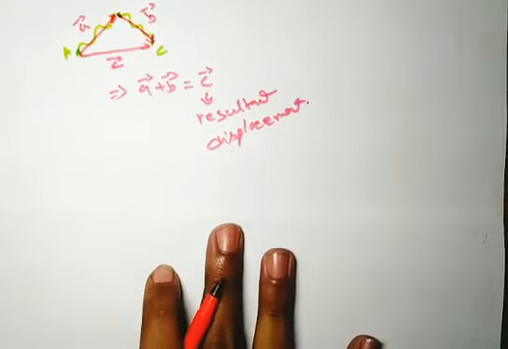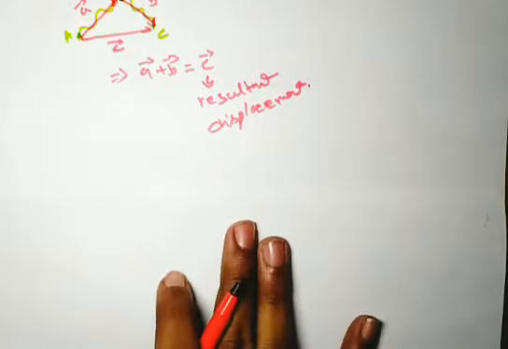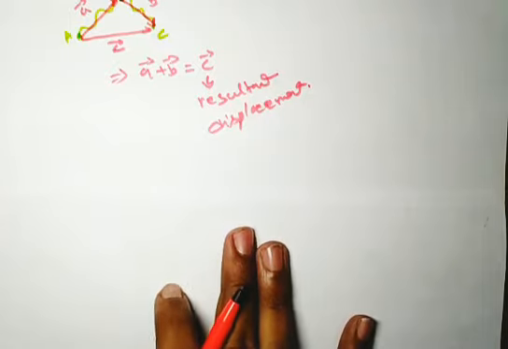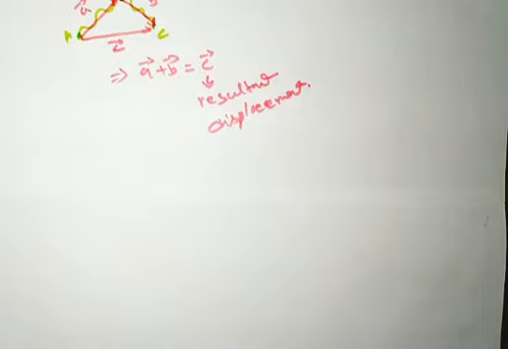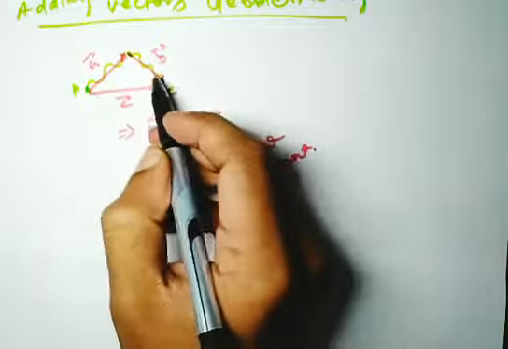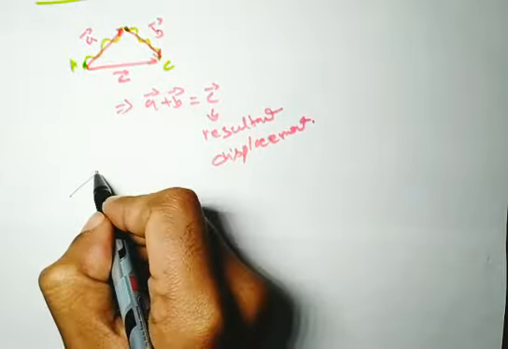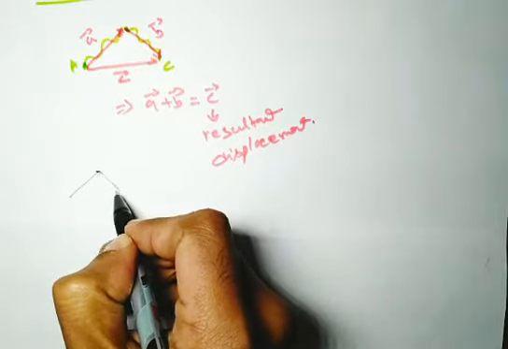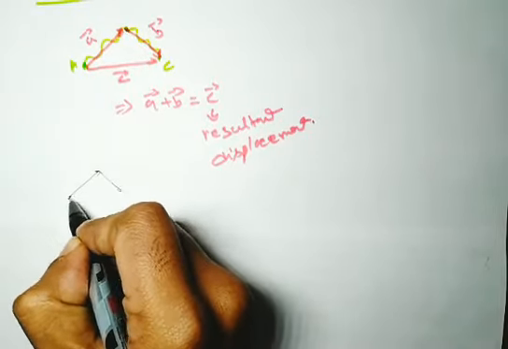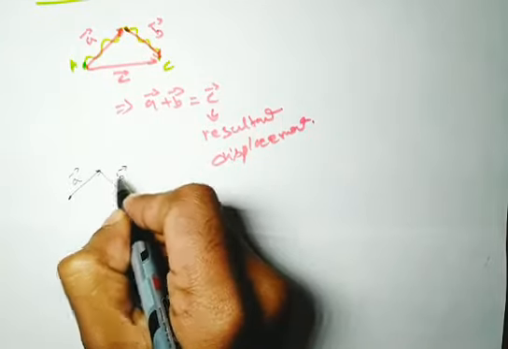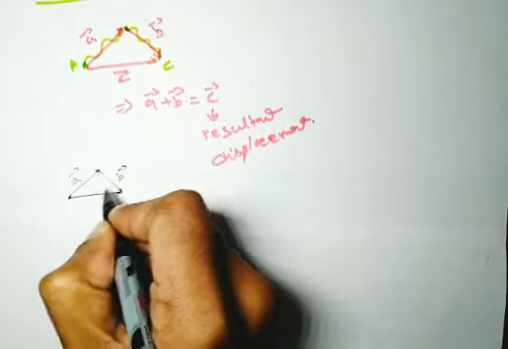Moving on, there are some rules in adding vectors. If this is the path of the vector, like vector A, vector B, this is the resultant vector.